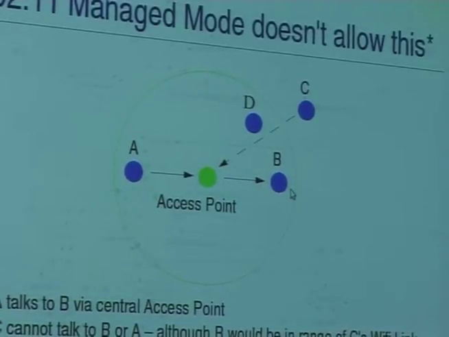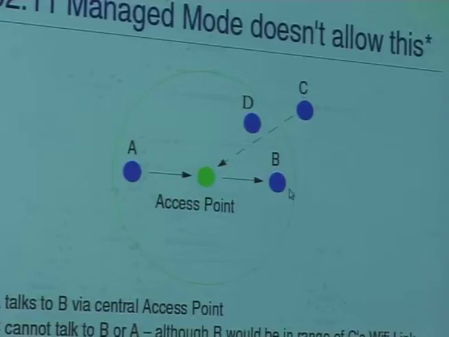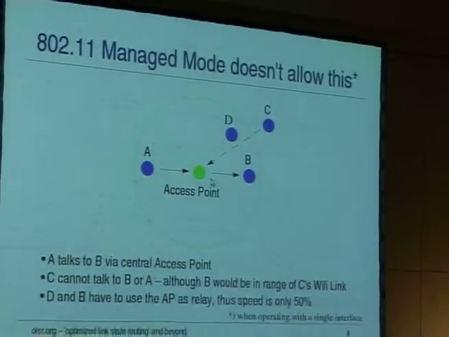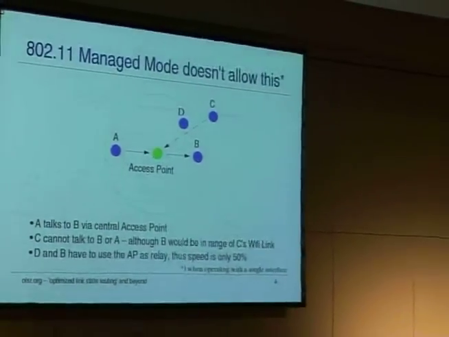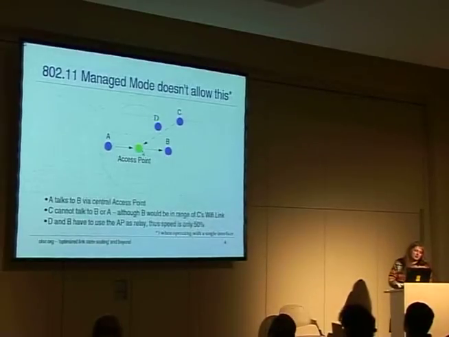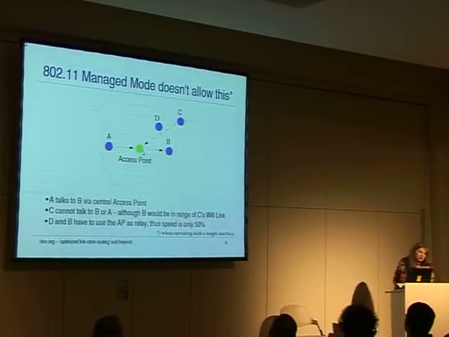Imagine the range of each card is 300 meters, and after 300 meters, in the middle between A and B, there is an access point. So there's a distance of 300 meters from A to the access point and B to the access point. They can speak to each other, which would not be possible otherwise.